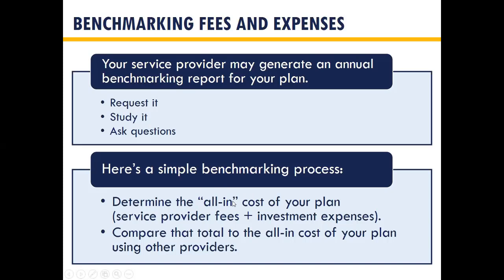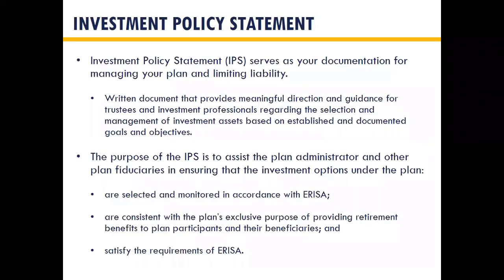And your financial advisor on your plan should be able to help you do this. Ask them. They should be able to do it, and you should ask them to help you do it. So compare that total to the all-in cost if you used other providers. And if you do that reasonably and do it at least every 3 years, you're going to have a good feel for whether your plan is prudently priced. Final topic, investment policy statement.